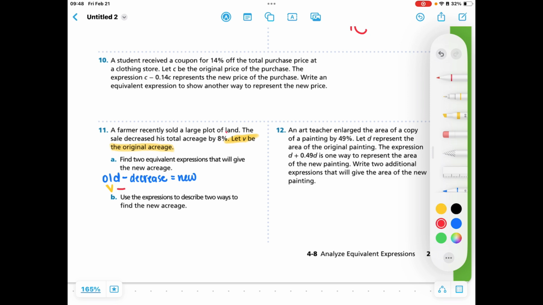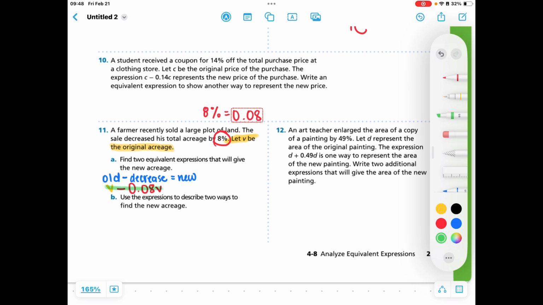minus the percent decrease. Now with this, 8% is going to equal 0.08. So if we wanted to subtract, we need 0.08 of the original or the old amount. Now, what's kind of nifty is that this gives us our first answer.